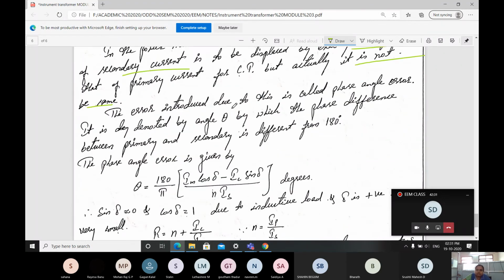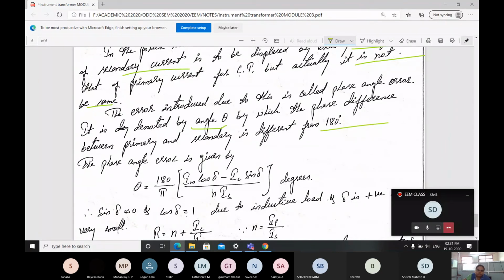The error introduced due to this is called the phase angle error, and it is denoted by the angle theta, by which the phase difference between primary and secondary differs from 180 degrees.